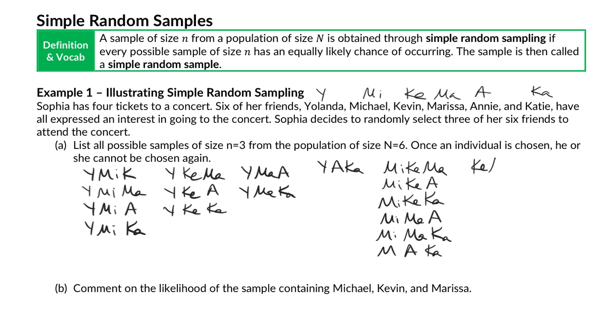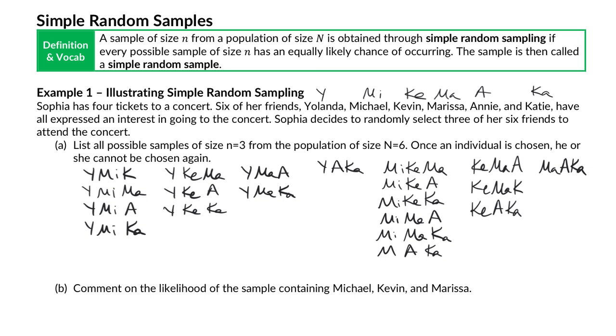Kevin, Marissa, Annie, and then Kevin, Marissa, and Katie, and then Kevin, Annie, and Katie. There's one more. What's the last sample I could choose? Marissa, Annie, Katie. Woo-wee! Hate this.